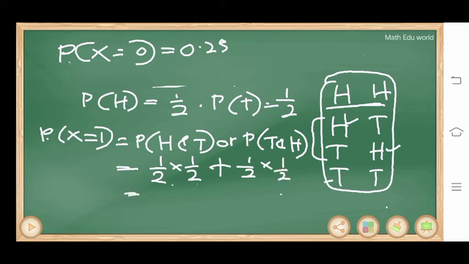Doing this calculation, we get the answer as 1 by 2. So probability of X equals 1 is 1 divided by 2.